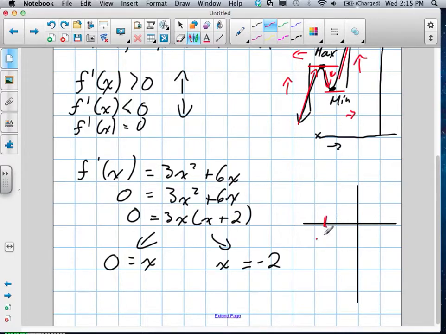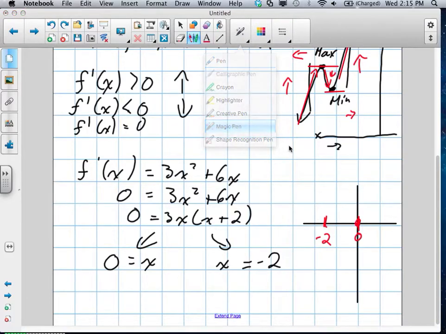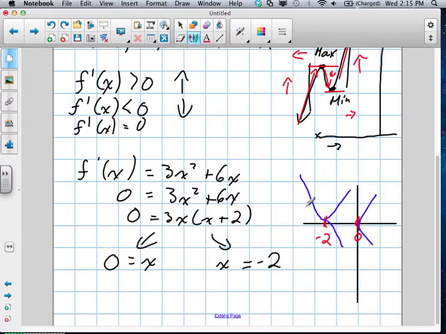Well, we have a critical value at -2 and another one at 0. So we need to figure out, are we decreasing at 2? Are we decreasing or increasing after that? And are we decreasing or increasing after that? And of course, are we increasing before -2?